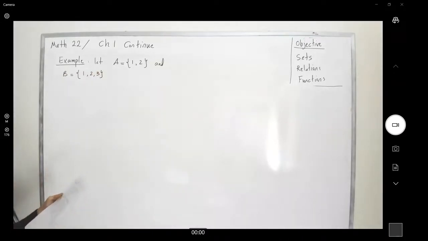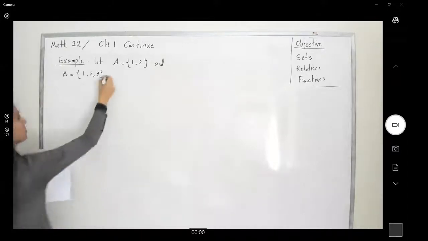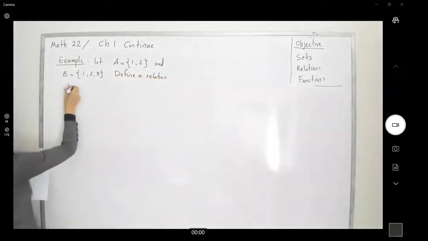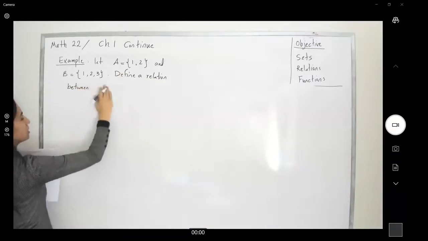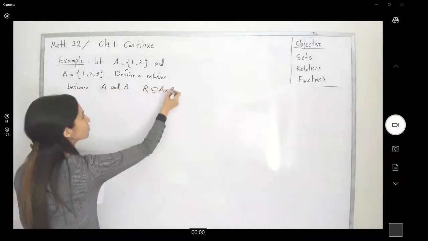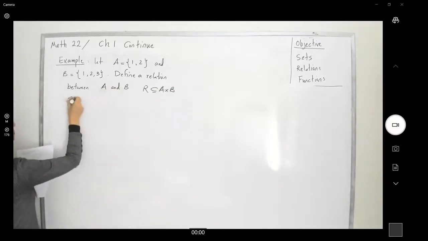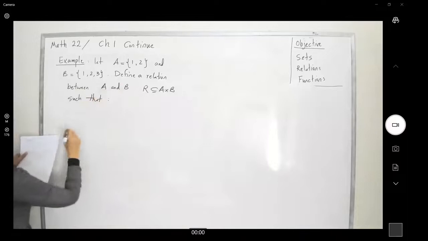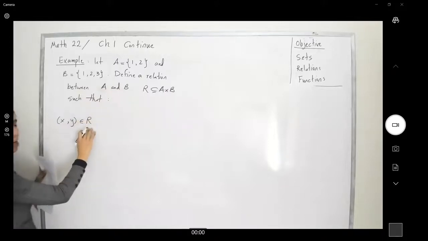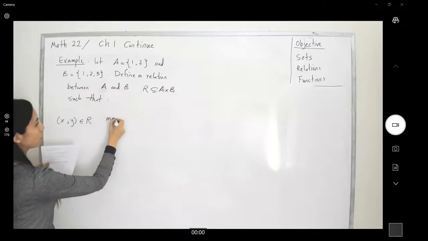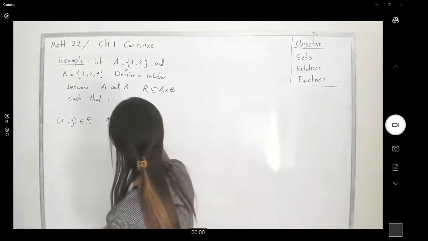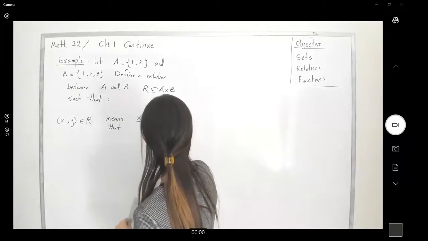Define a relation R between A and B, as a subset of the Cartesian product of A and B, such that a point is in the relation, belongs to that subset, if and only if (x minus y) divided by 2 is an integer, belongs to Z.